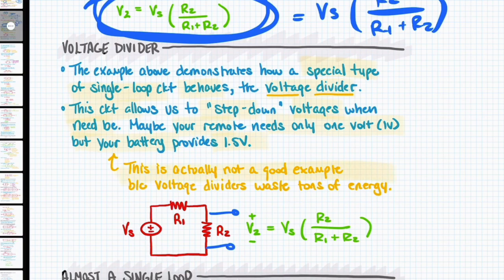Now this is not actually a very good example. The reason being, this setup would waste tons of energy from your battery. The voltage divider steps down the voltage by essentially dissipating tons of energy as heat, which has the side effect of reducing the voltage. But it can be useful for certain applications, especially if the current is very low.